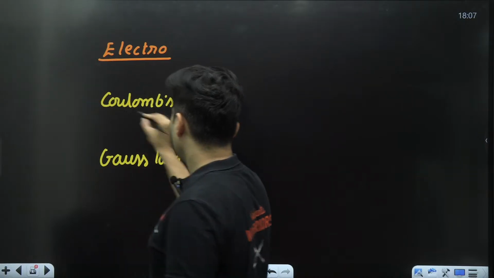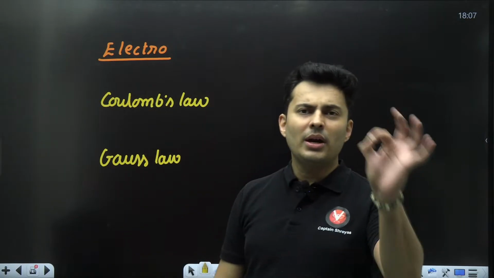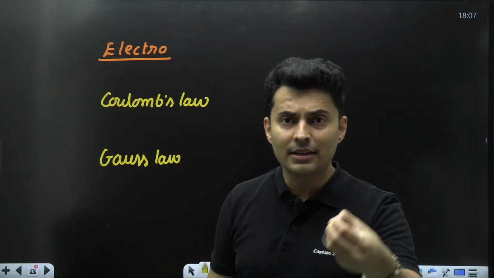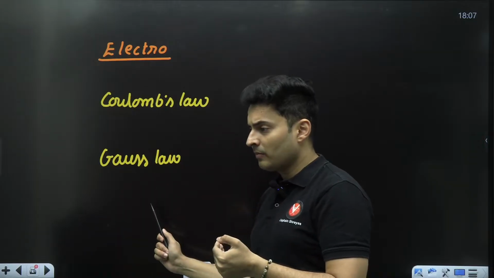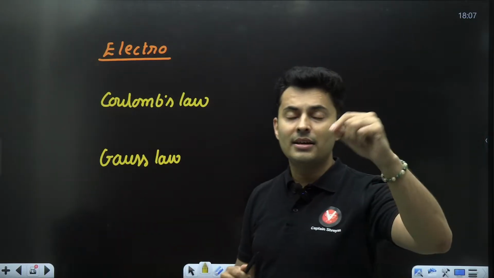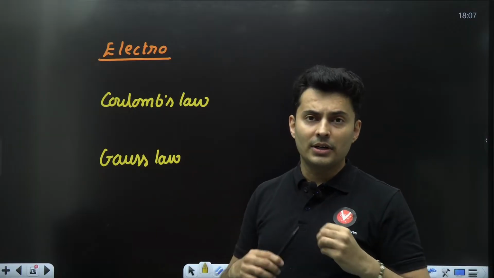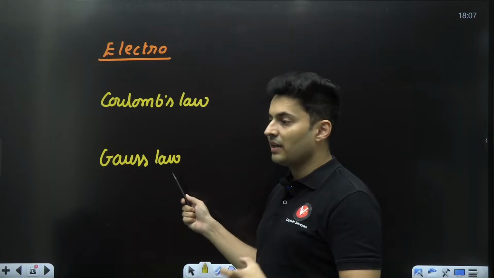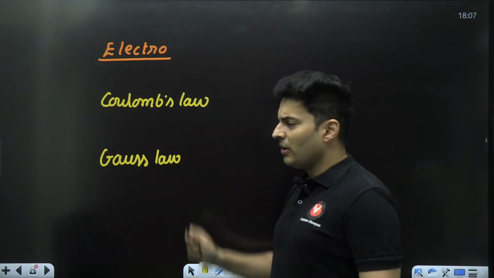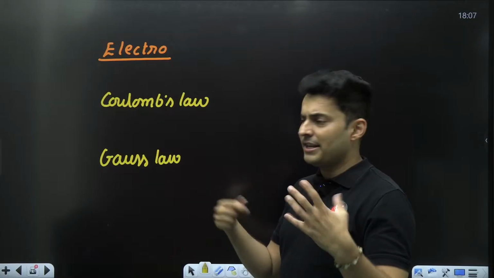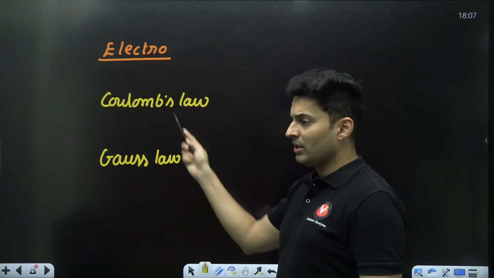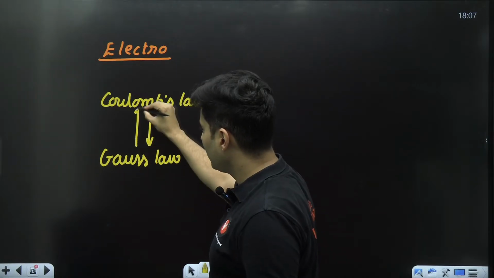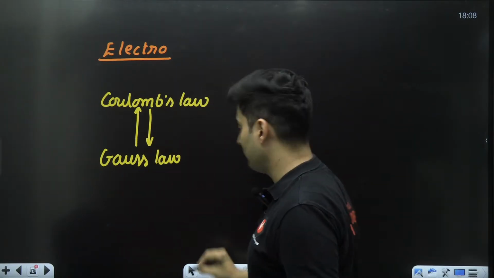If you remember, Coulomb's law was helpful when you had point charges, etc. Gauss' law was helpful when there was symmetry to find out the electric field. You have seen applications like a long wire which is charged, what's the field around it, or a shell or a sphere, how to use Gauss' law for symmetrical bodies to find the field. Coulomb's law is used for point charges or rings and stuff like that, where it becomes easier to find the field. From this you can get this, from this you can get this. These both are dependent on each other.